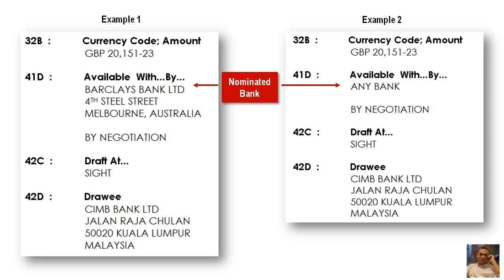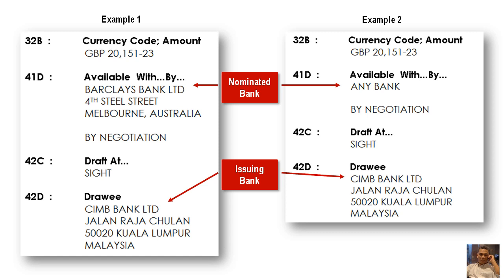In this example, a draft is required to be drawn at sight. The draft is required to be drawn on the drawee bank, alright? The drawee bank is the issuing bank. What this LC is trying to say is that the seller can obtain the payment directly from the issuing bank.